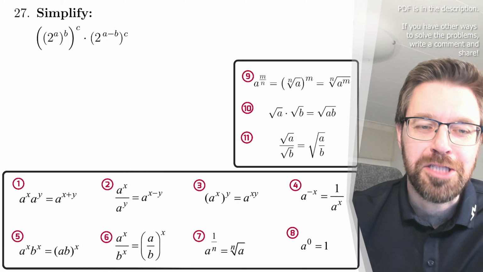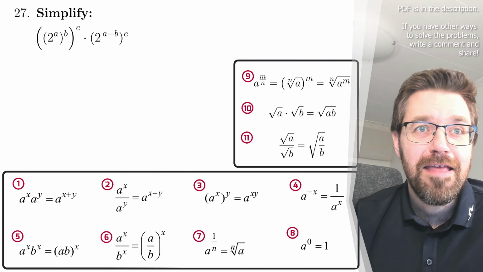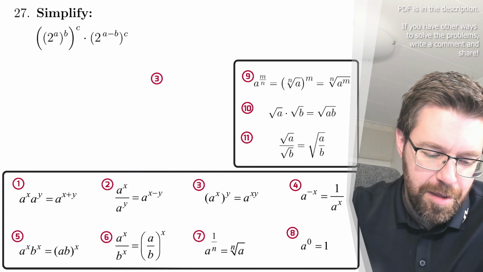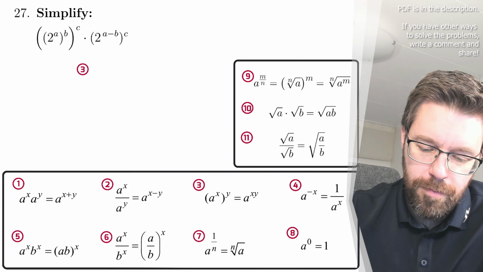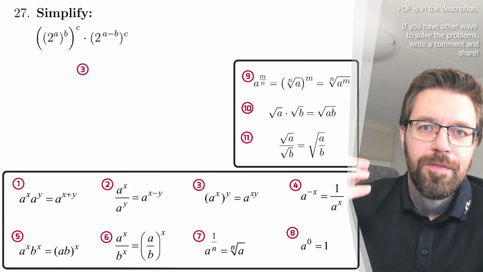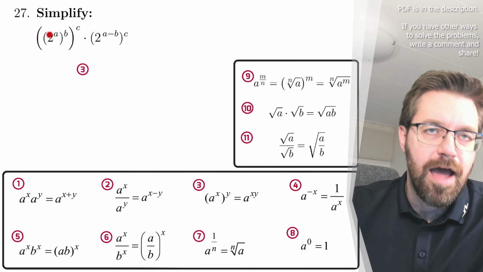And the last question is question number 27, simplify. And this isn't any hard question at all. We can use rule number 3, and when we have a power raised to something, we can multiply the exponents. And this works inside here.